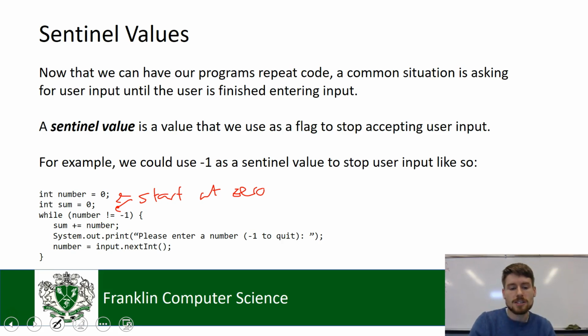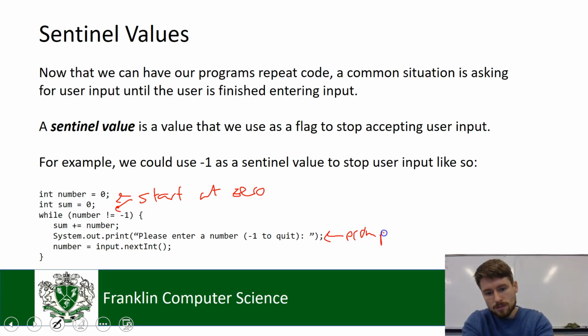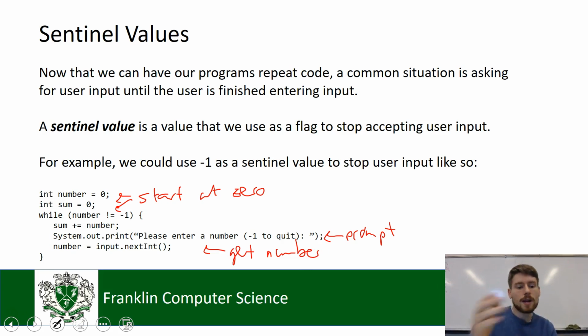We ask the user to type a number and then -1 to quit, and then we store that. So this is our prompt, and then we get the number from the user, and if that number is not -1, we loop and we get another number. We add it to sum and we get another number, and so forth.